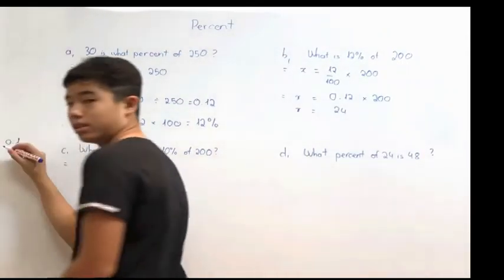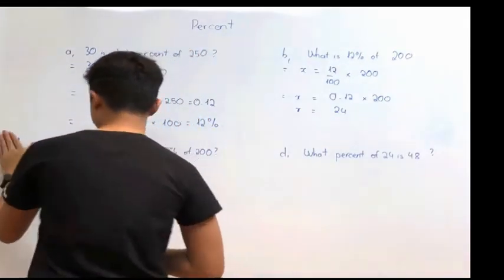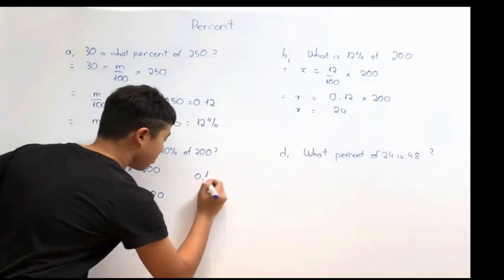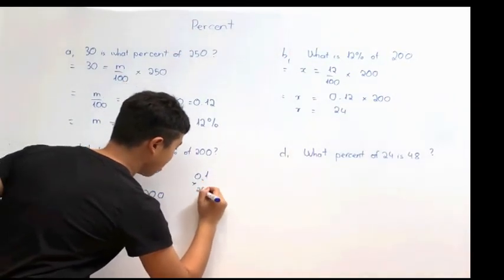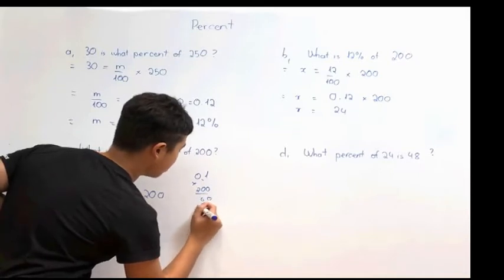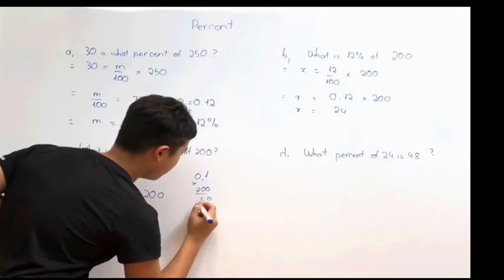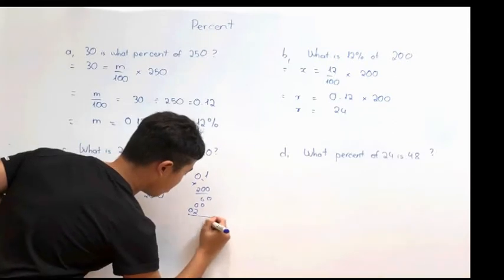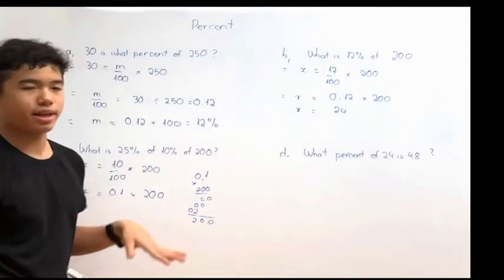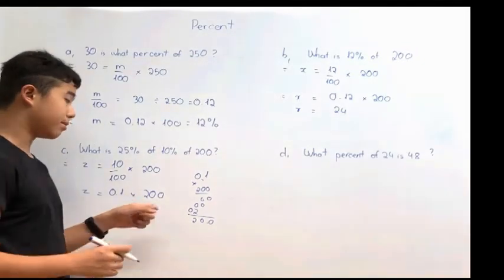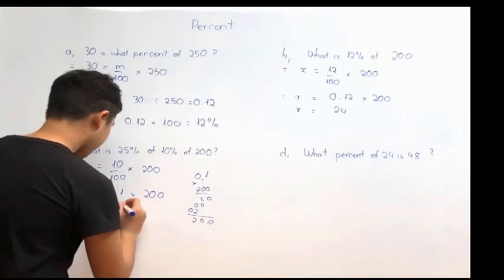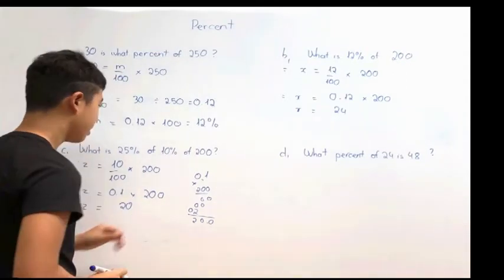I don't know if you guys can see it. 0.1 times 200. 0, 0, 0, 0, 2 times 1 is 2, so 20. So 0.1 times 200 is 20. So z is equal to 20.